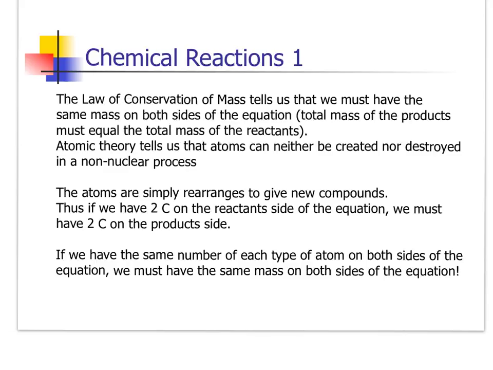So ultimately, Antoine Lavoisier's law of conservation of mass says in a non-nuclear reaction, matter cannot be created or destroyed. So what we're going to do is everything has to be accounted for. Therefore, if we have 2 carbon on the reactant side, we have to have 2 carbon on the product side.